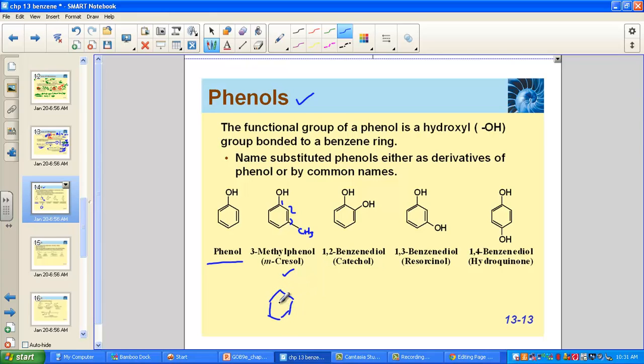Now, when we have a benzene that has an OH, we know it's a phenol. And when we had a methyl group, CH3, we learned, again, this is back in section 2 when we were trying to learn the names, if we had a methyl group, let me just draw a second structure here, just a simple methyl, we called it toluene.